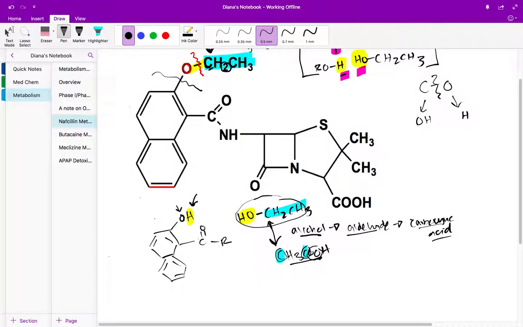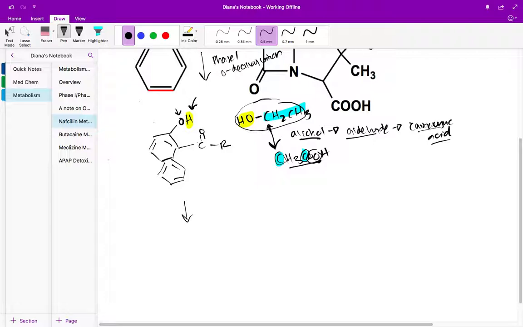So this was going from here to here, phase 1, CYP450 mediated O-dealkylation. But what did we create? We created an OH. And we already talked about how an OH can then undergo phase 2 glucuronidation, which we discussed in the previous pathway. But I wanted to bring up something else, which is aromatic hydroxylation, aromatic alcohols.